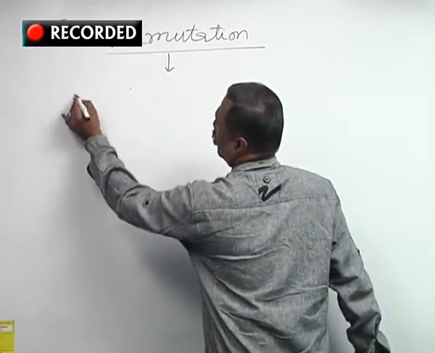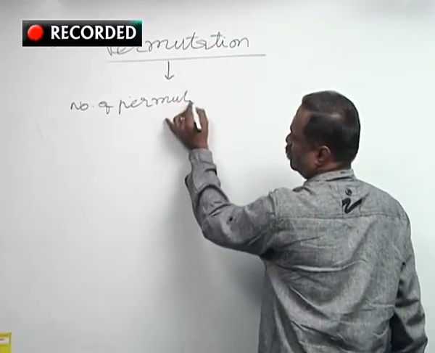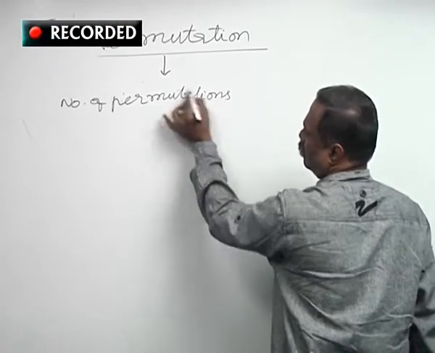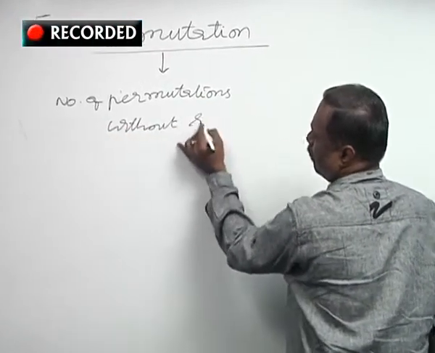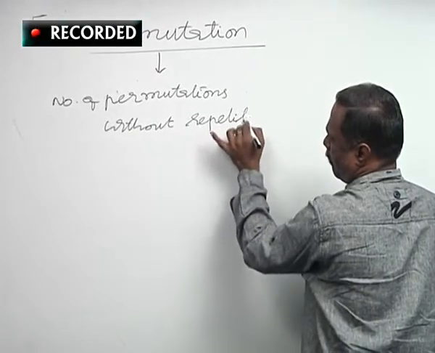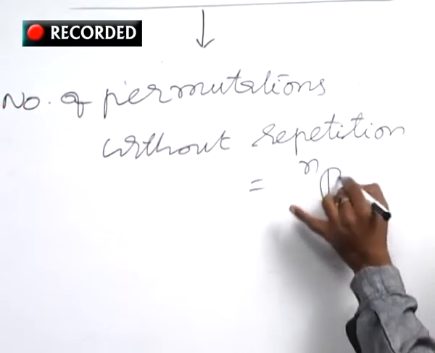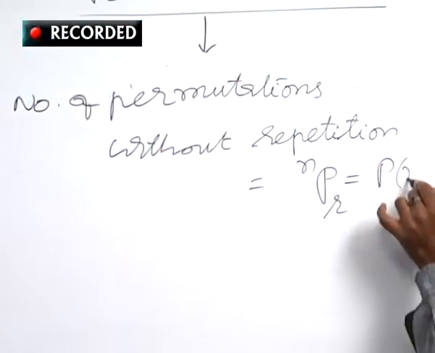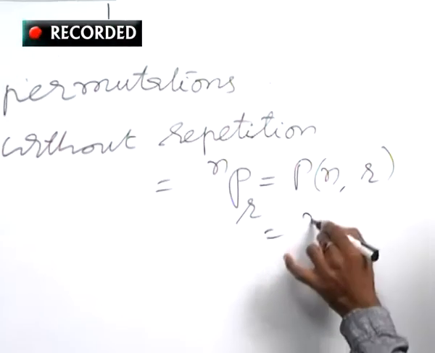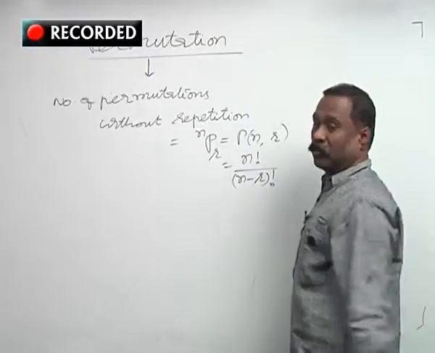So the number of permutations without repetition is nothing but nPr. It is also denoted as P of n comma r. And the formula we have just derived is n factorial upon n minus r factorial.